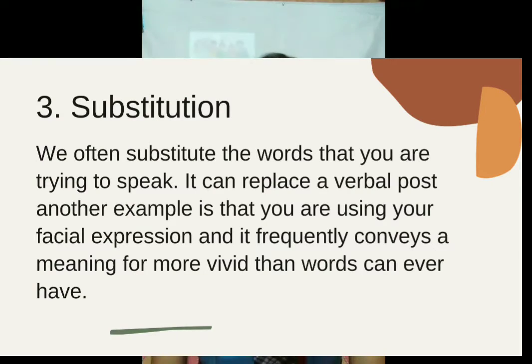The third role is substitution. We often substitute the words that we are trying to speak. Sometimes we can feel anxiety in which we are unable to sit, unable to pay attention, and even sweating. We can also express ourselves in other ways that take the place of the words. Like, for example, there is a scene where a crime happened and you are the victim of the crime.